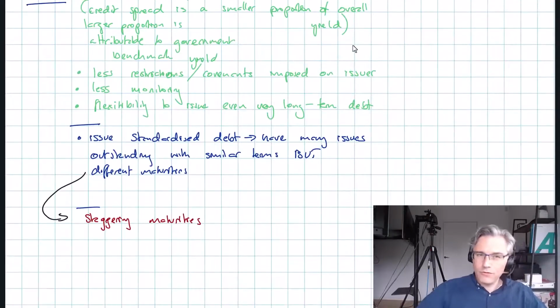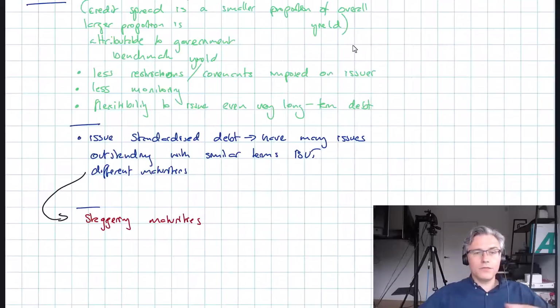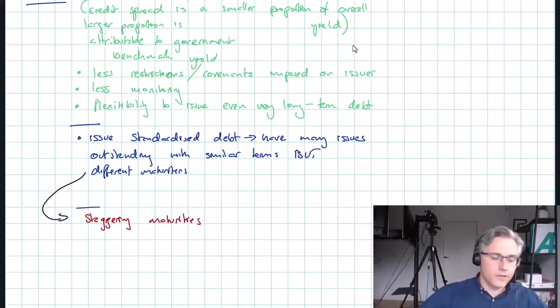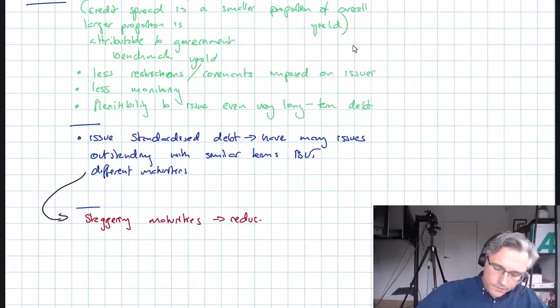Because you don't want all of your bonds to mature, irrespective of when they were issued, on a single date, because that greatly increases the risk of not being able to refinance or roll over if something negative happens on that given day. So this reduces rollover risk.